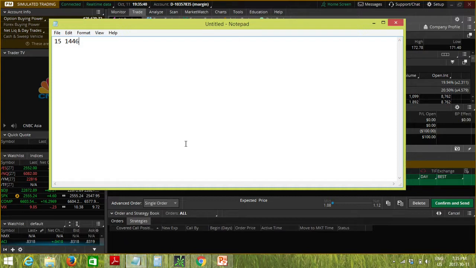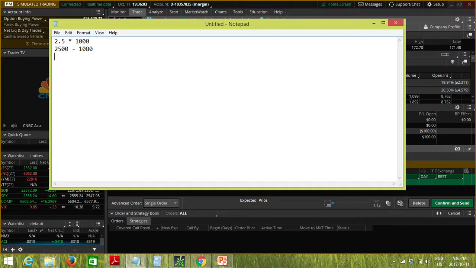Okay, so $2.50 between the strikes. Okay, so we're buying 10 contracts, right? So that's 1,000, right? So we're essentially looking at $2,500. We're paying $1,080, right? Because it's a $1.08 debit, so $1,080.